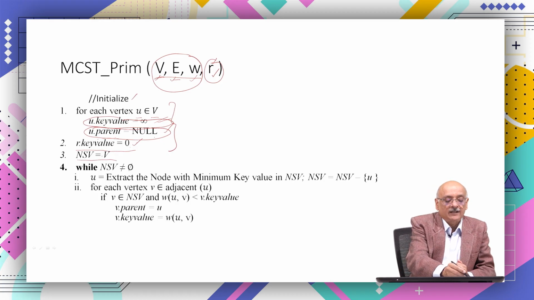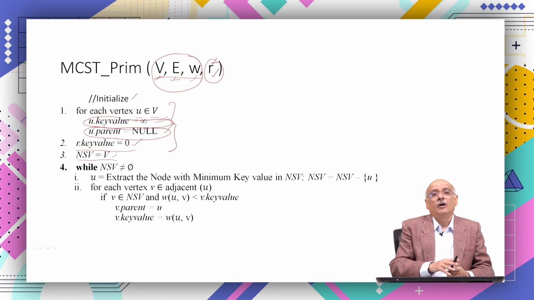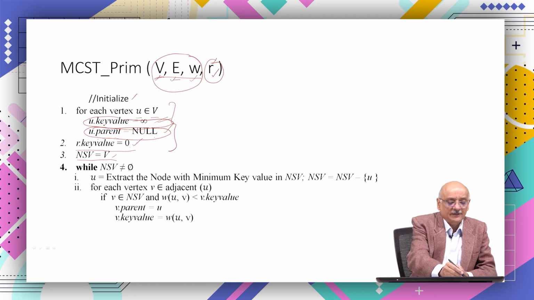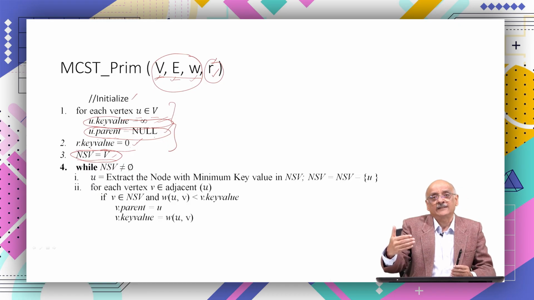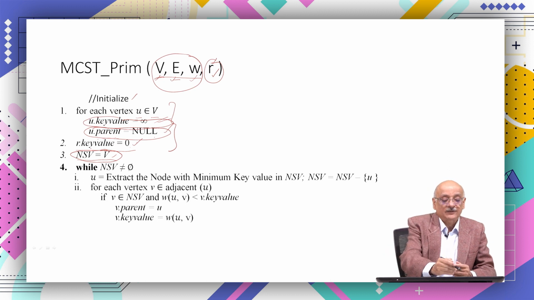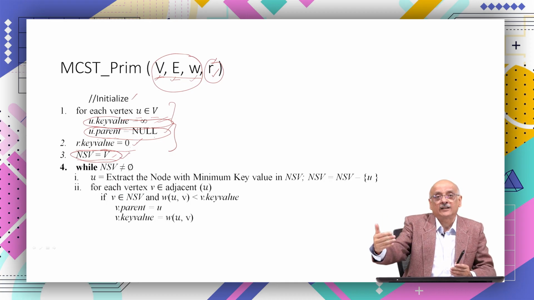Then we create a set of not selected vertices, which initially consists of all the vertices. This is slightly different from Kruskal's algorithm, because over there the number of edges controls the looping construct. In this case, whether all the vertices have been selected or not determines the looping construct.